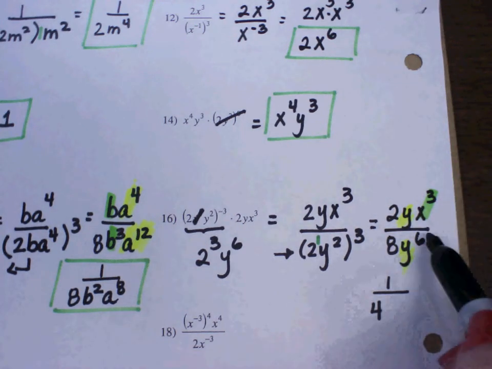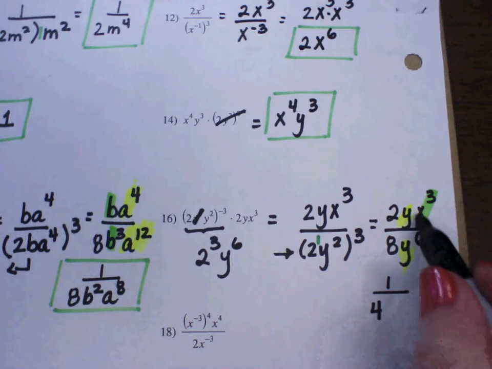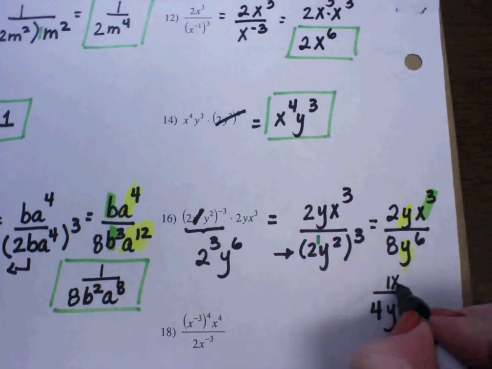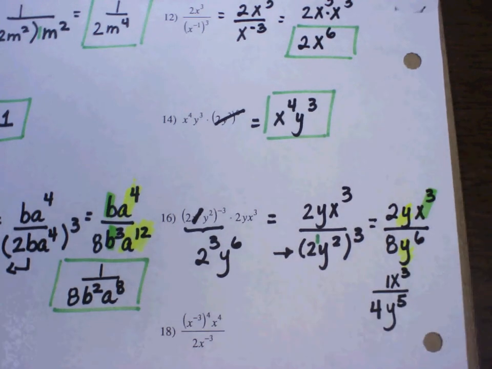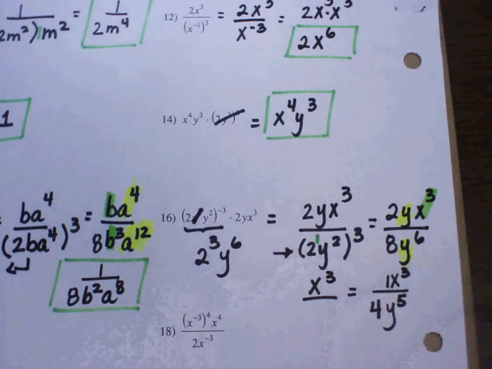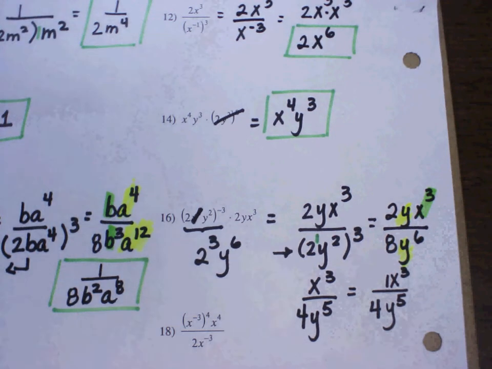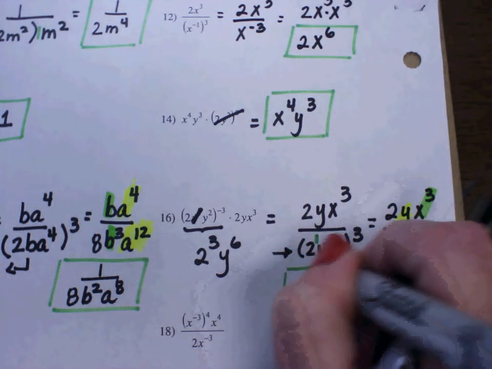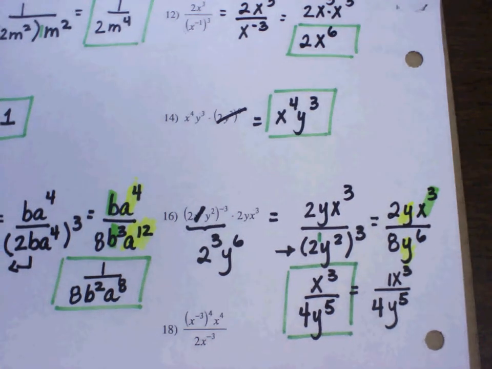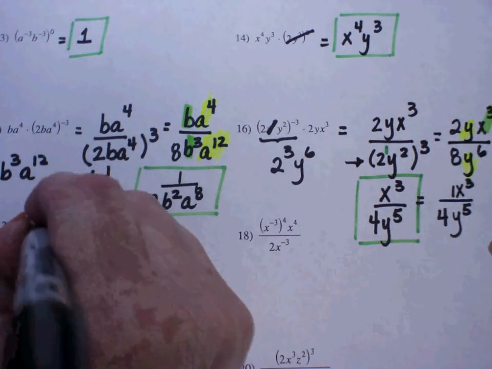It's y to the 6th. I'm going insane. All right, so you're going to take away, quotient rule. 6 minus 1 would be to the 5th. And then that x to the 3rd power is at the top. So I really can trash that 1. So it's x cubed over y to the 5th. And I can go ahead and box that.